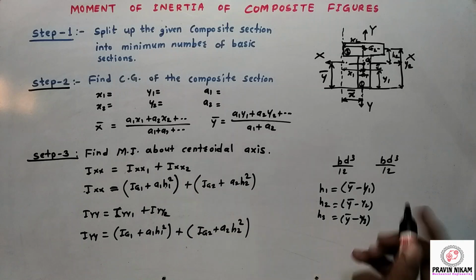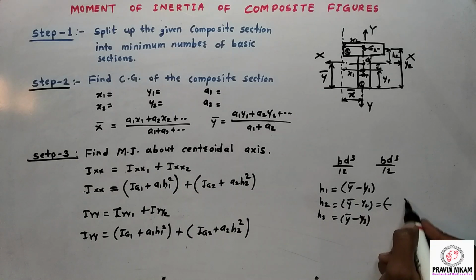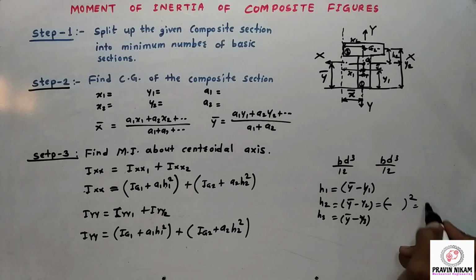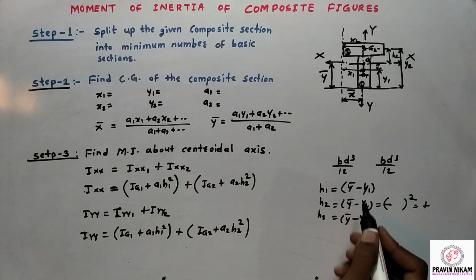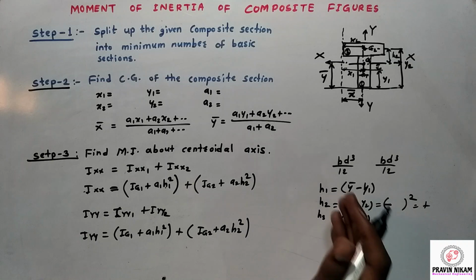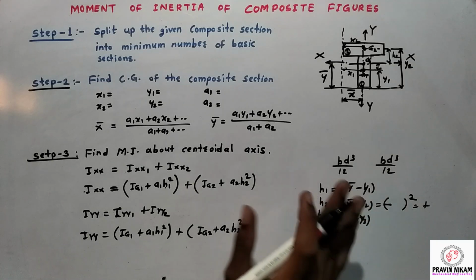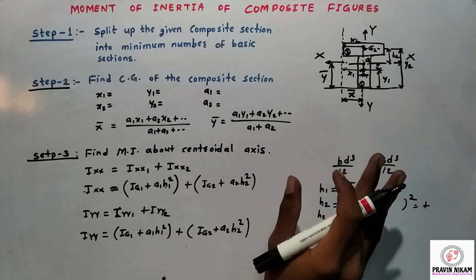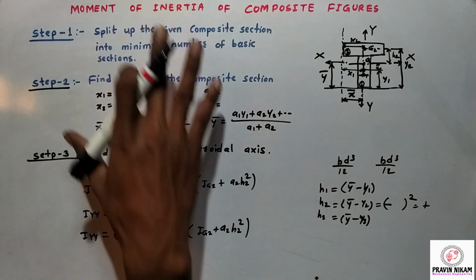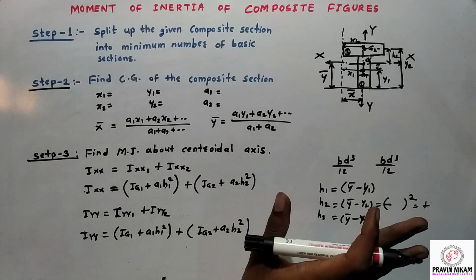Because square is there, if the answer becomes negative, due to square it becomes positive. So there is no problem to write down these simple formulas for H1, H2, H3. So this is the method to find out moment of inertia of a composite figure. So you can use this method for all types of composite sections.